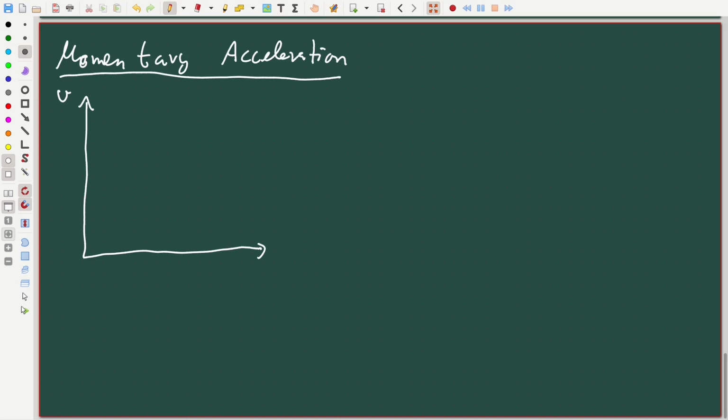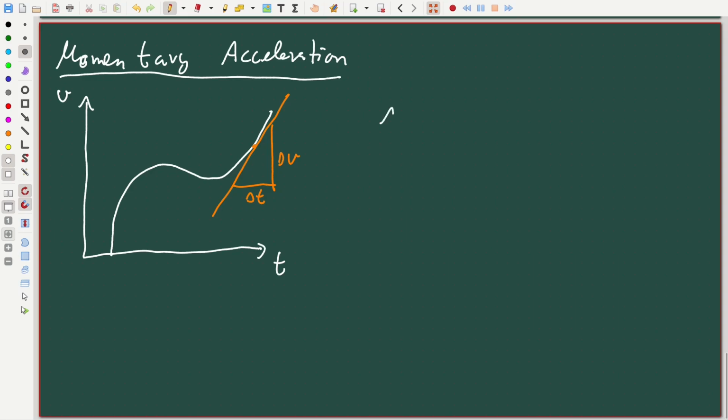So we have here now v over t again. And then we have just an arbitrary graph. For example, it could look like that. And then we want to calculate here this momentary acceleration in this given point. So we have to draw again a tangent, and we have to then define here our interval delta t and our interval delta v.